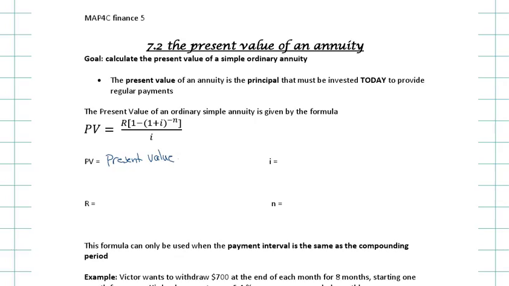Or the amount needed today. R is the regular payment or deposit. I is still I, R divided by N, and it is the interest rate.